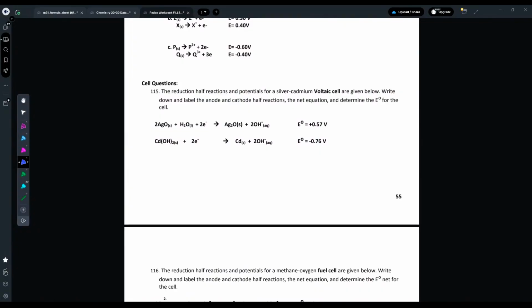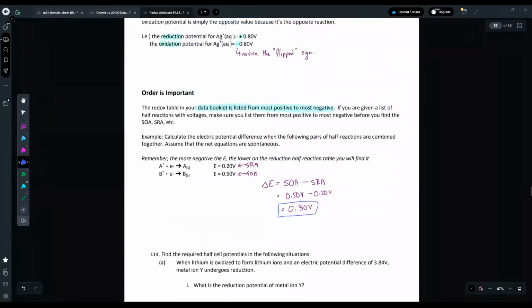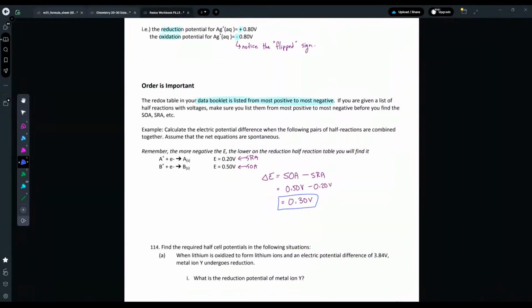Keep in mind with questions like this where we're talking about electrical potential, sometimes they do like to give you situations where you don't know the identity of either the ion or metal.